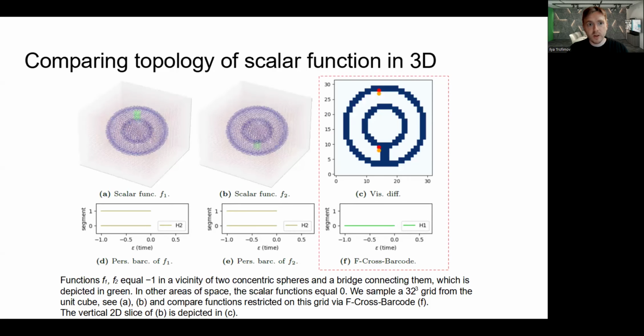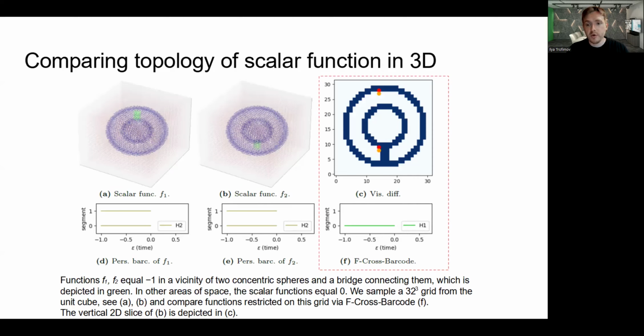The same could be applied for scalar functions defined in 3D space. For example, on this slide, functions f1 and f2 equal -1 in a vicinity of two concentric spheres and a bridge connecting them, which is depicted in green. In other areas of space, the scalar functions equal 0.